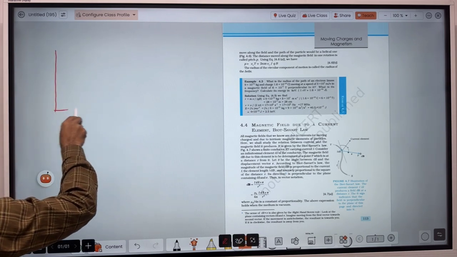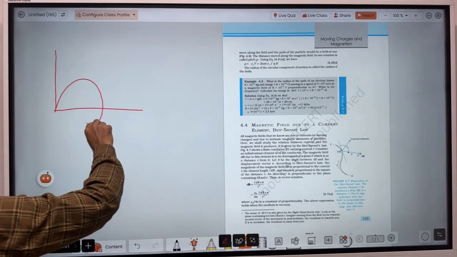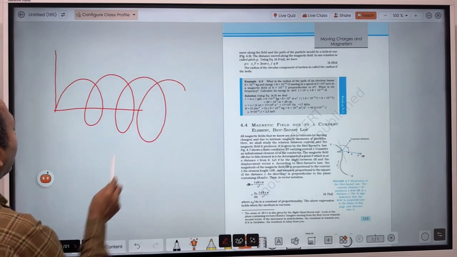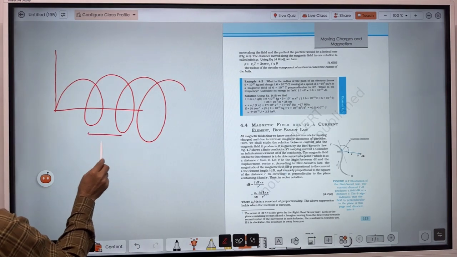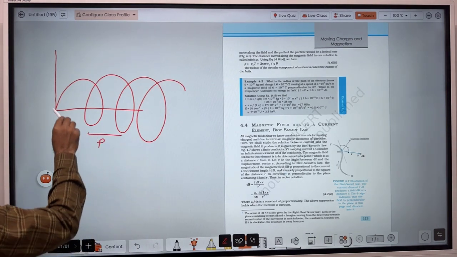So as I told you, the particle will follow this type of trajectory, and this distance is called the pitch.